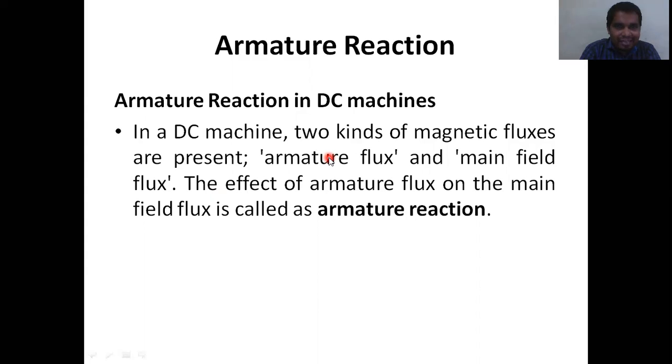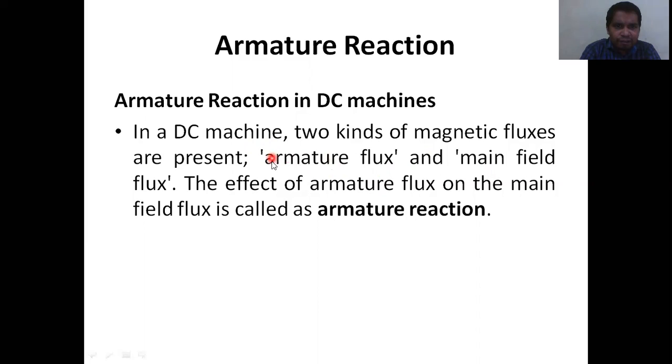Faraday's law says that when a conductor is placed in a magnetic field and is rotated, it cuts the magnetic flux and EMF is induced. So in the machine, the armature flux and the main flux will both be present, but the armature flux will come only if the armature current is flowing.